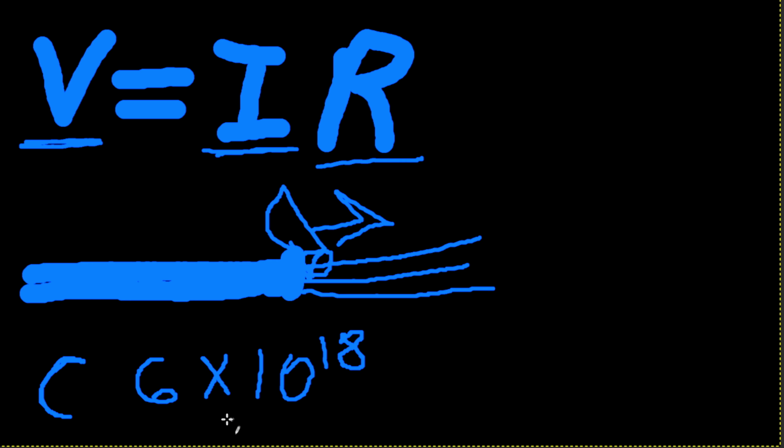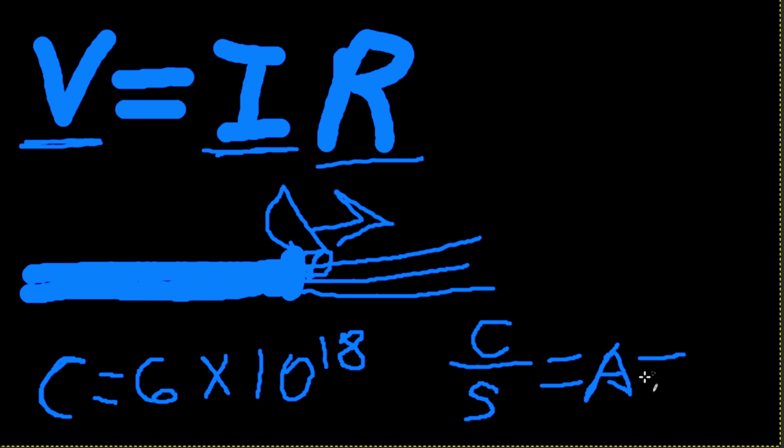So a coulomb is approximately that many electrons. So if I say coulomb per second, then that is equal to an amp. And an amp is equal to the intensity of current, or I.